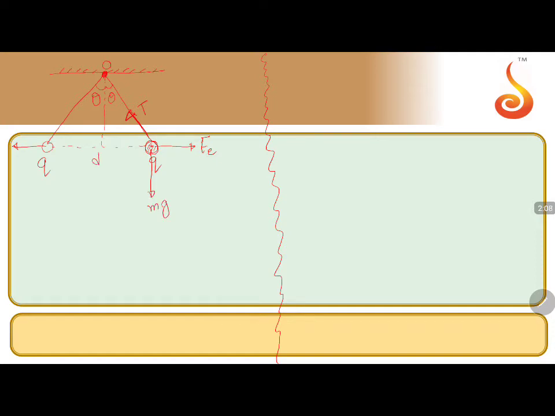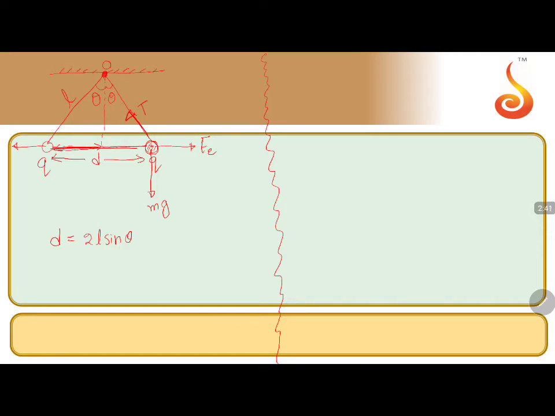Say the total separation between the two spheres is d in equilibrium. They gave the length of the string only, so d by 2 is equal to L sine theta, and the total d will be equal to 2L sine theta.